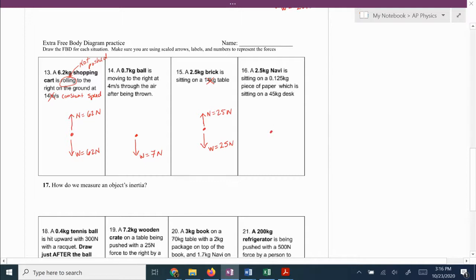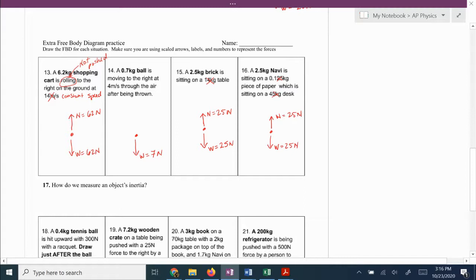We have a 2.5 kilogram Navi sitting on a 0.125 kilogram piece of paper, which is sitting on a 45 kilogram desk. Same thing, both of these objects are below Navi, so it doesn't really matter. You just have the weight of Navi and then the normal force.